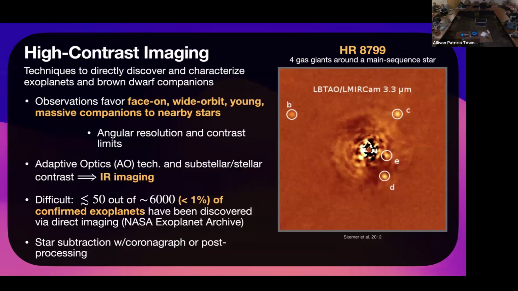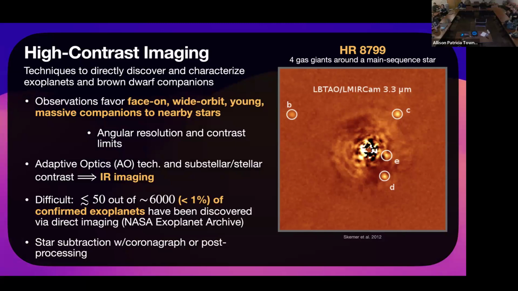Now, high contrast imaging techniques are necessary to do direct imaging. You can't easily just look at a star and take a long integration and expect to see a planet. We're biased to finding these wide orbit, very young planets. Wide orbit so that the projected separation is larger, which is useful for whatever resolution our telescope has for spatially resolving the planet.